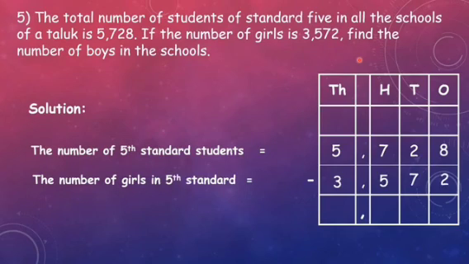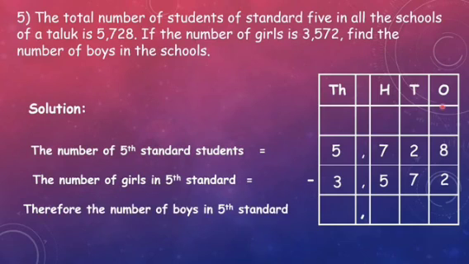So to find the number of boys in 5th standard, start subtracting. 8 minus 2 is 6. Then here 2 is less than 7, so I borrow 1 from the previous hundreds place, makes it 12. 12 minus 7 is 5.